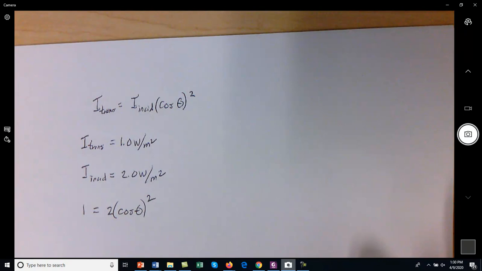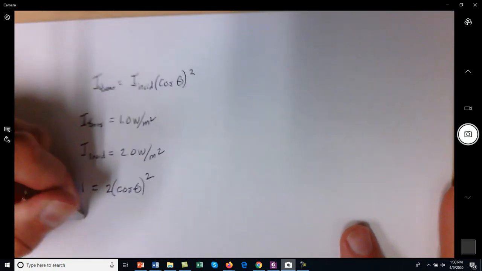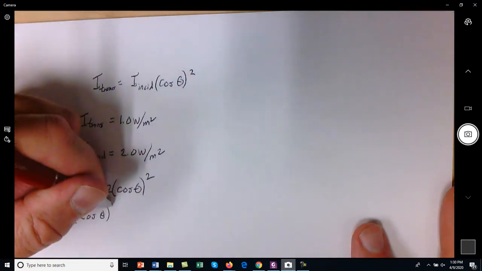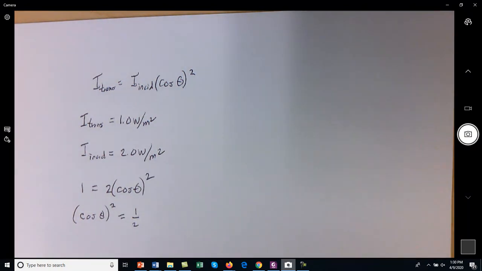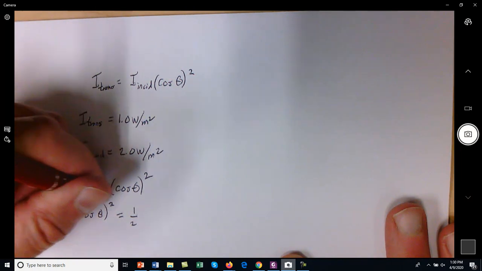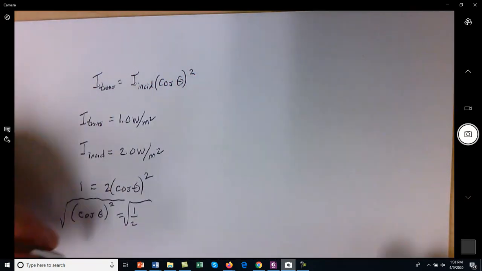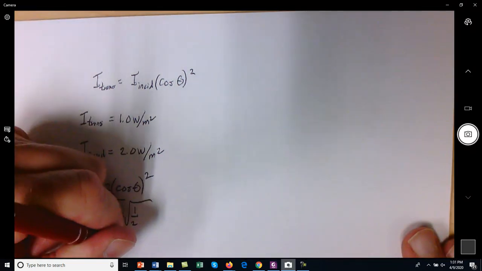Or cosine theta squared equals 1/2. We take the square root of both sides. So cosine theta equals 1 over the square root of 2.